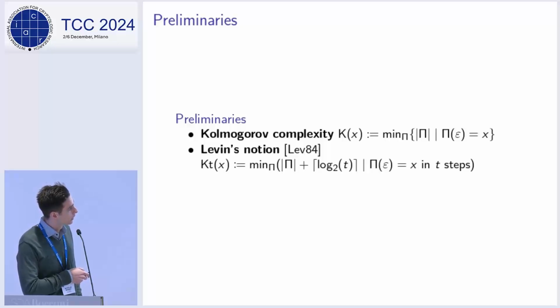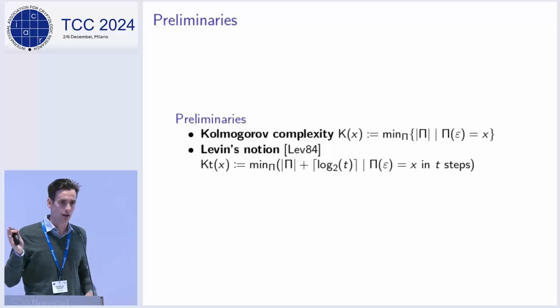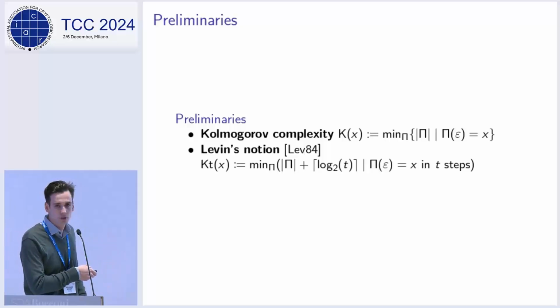So if this program pi produces x in t steps, then we charge log t for this program, right? So we take the length of the program plus log of the running time. Now why log? Well, this comes from some universal search application. We don't care too much why it's log here, but just remember this because it will also come up in another talk. This is the version that we care about right now.